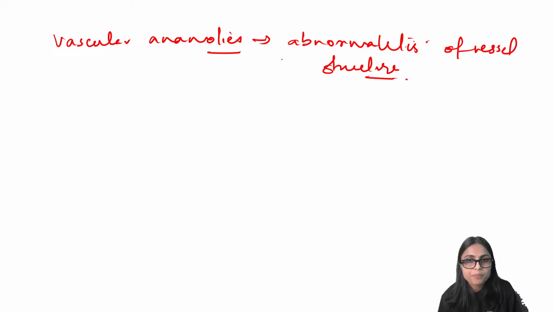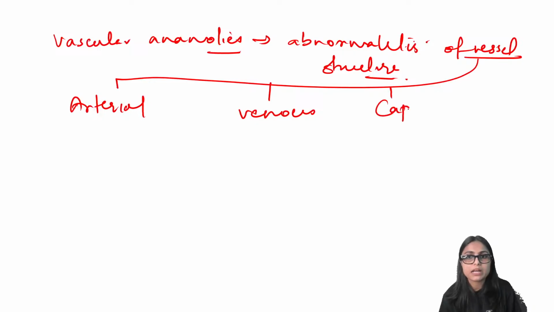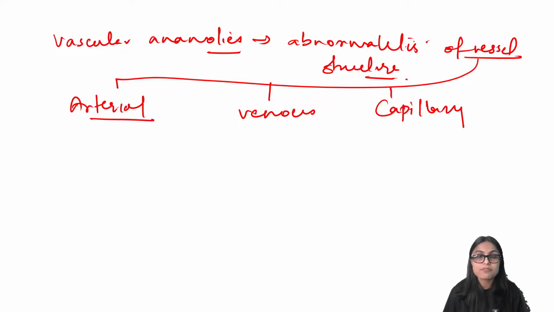Correct? Now, the vessel can be an artery, so they can be arterial malformation, venous malformation, and capillary malformation. Correct? The most important is, what is the feature seen in arterial malformation?